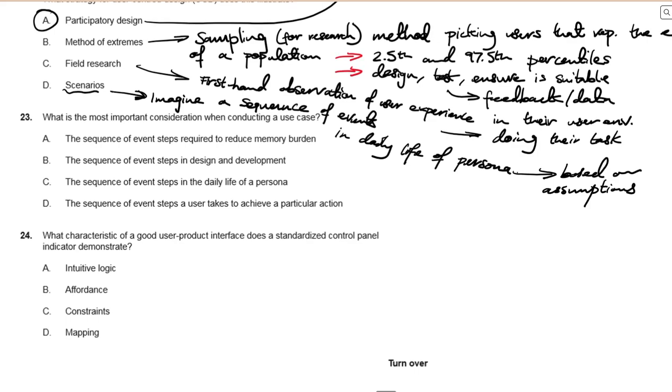We have: what is the most important consideration when conducting a use case? Now, scenario and use case are kind of interlinked, right? Scenario is when we're trying to define our problem and we're trying to look at certain characteristics of our persona. What do they experience in their daily life, right? Experiences or problems. This is when we're defining our problem and exploring who our user is.